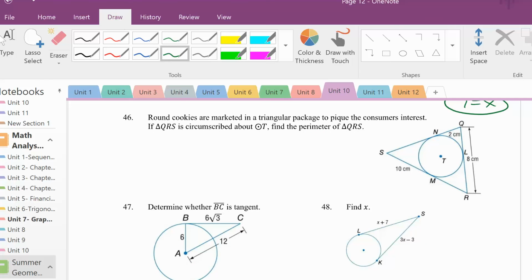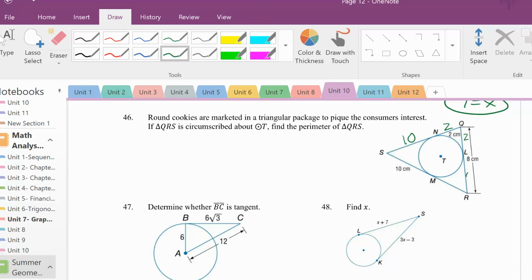So then in the next picture, round cookies are marketed in a triangular package to pique the interest of the consumer. Triangle QRS is circumscribed about circle T. Find the perimeter of QRS. So notice if S to M is 10, then that means S to N is 10. And if this side is 8, and this is 2 here, so you got 2 and 2.